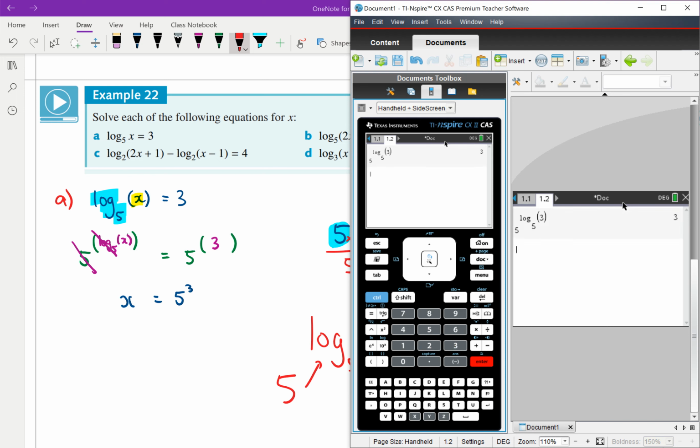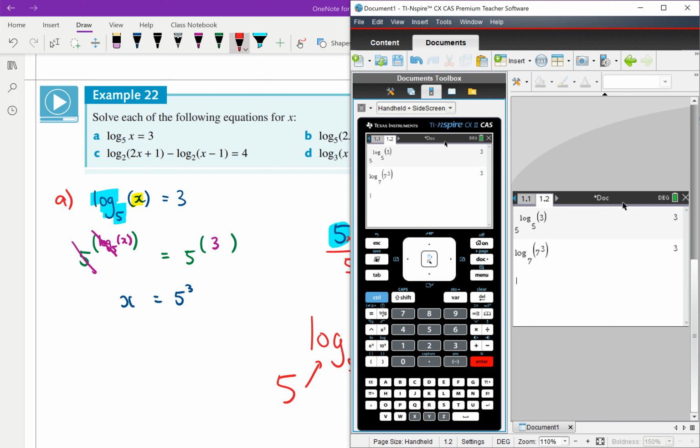And if you do the other way around, say log base 7, and the inverse of log 7 is 7 to the power of, 3, see, the log 7 and the exponential base 7 are going to be inverses of one another. So they're going to cancel out. So the answer is going to be 3.